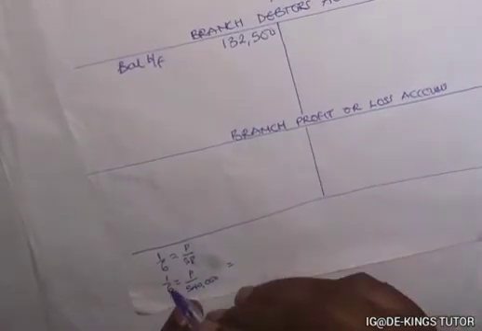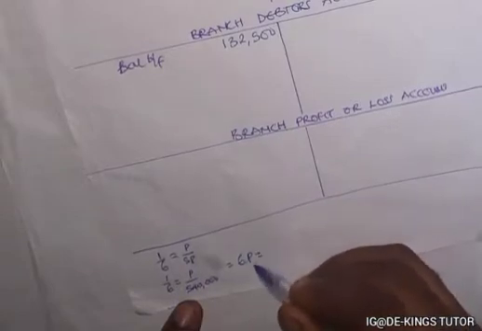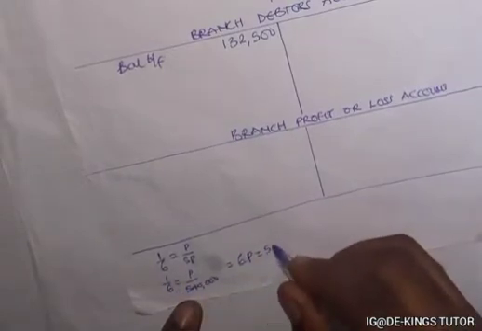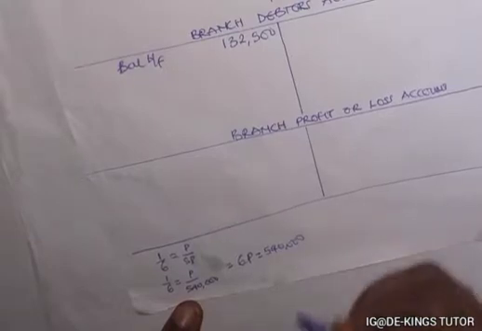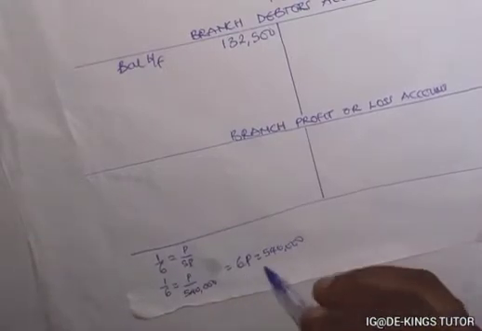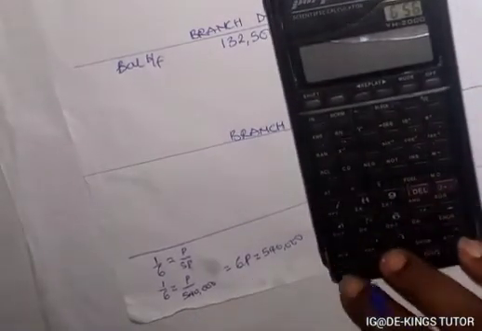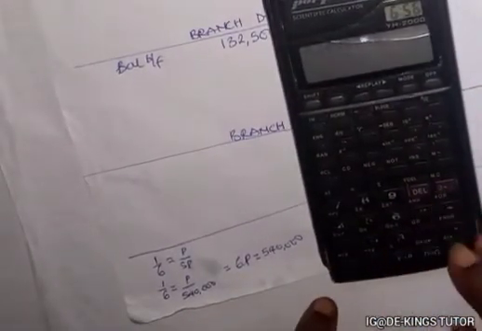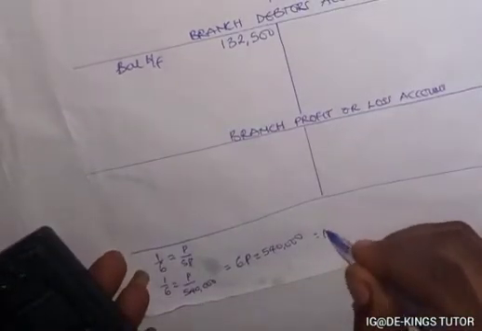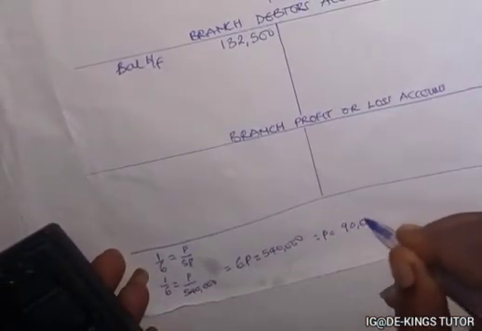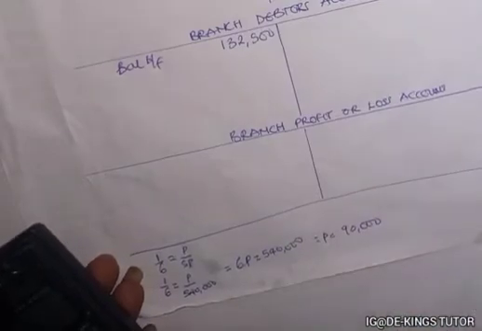So if we cross multiply, this will be 6P equals 540,000 times 1, which is 540,000. Dividing both sides by 6, 540,000 divided by 6 will give us 90,000. So the profit is 90,000.